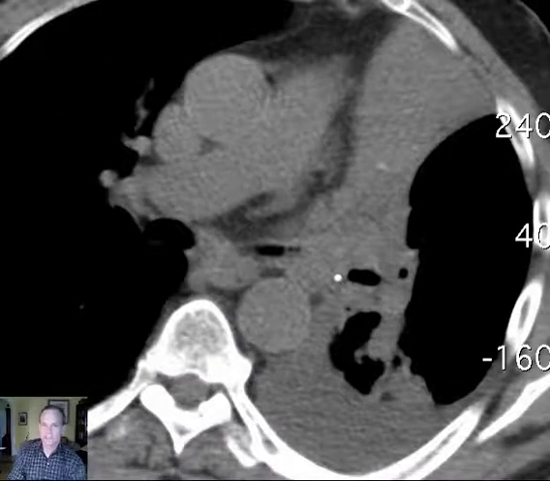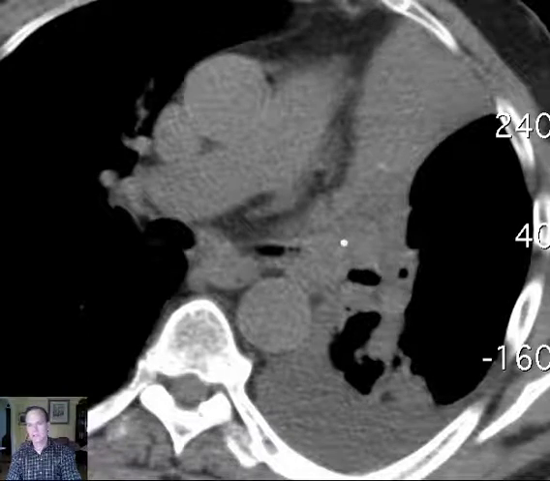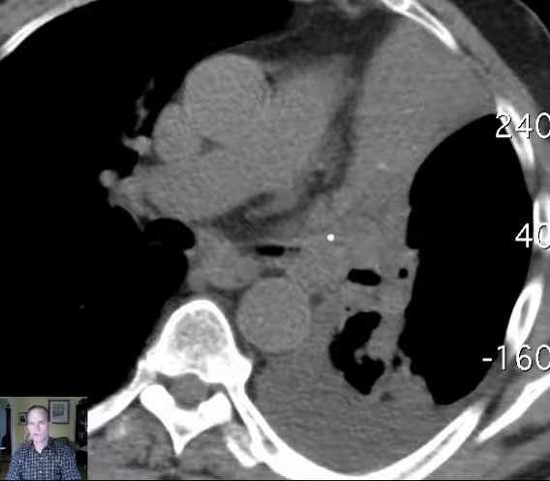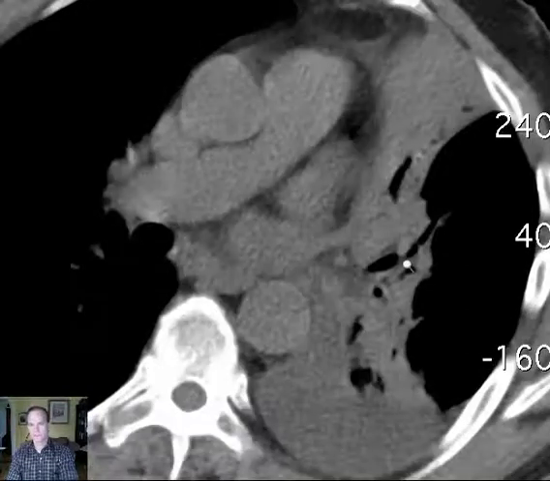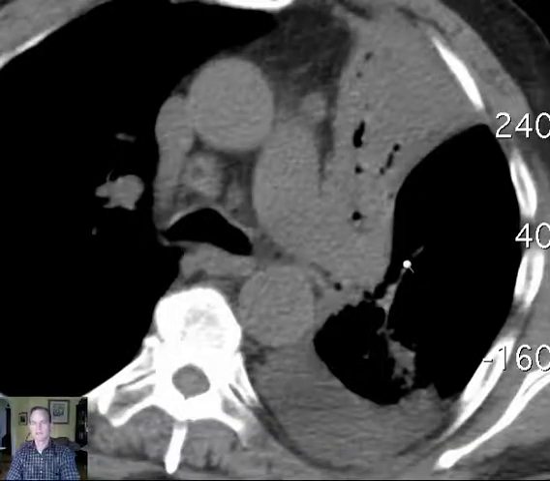Look closely at the detail and look for continuity of the bronchi. See if there's soft tissue mass simply surrounding it or possibly infiltrating it as well as a cause for this post-obstructive atelectasis.